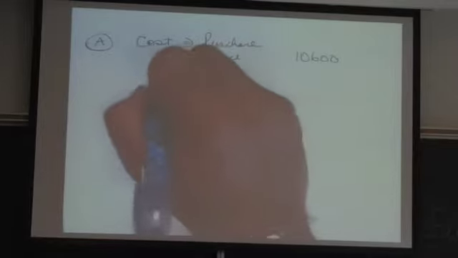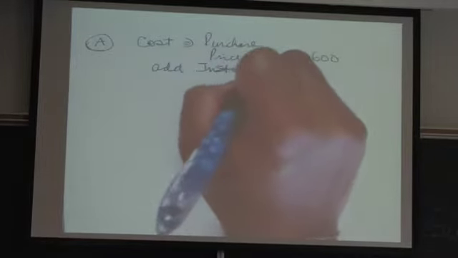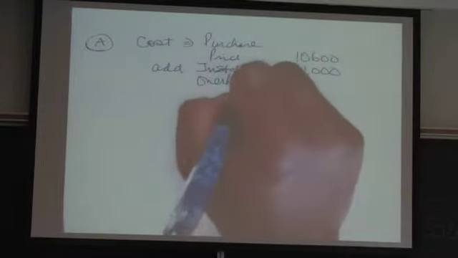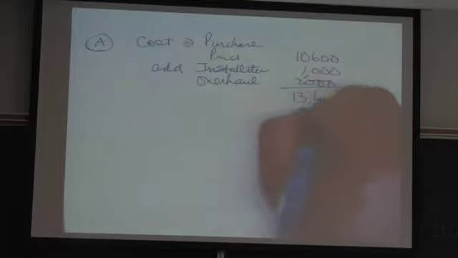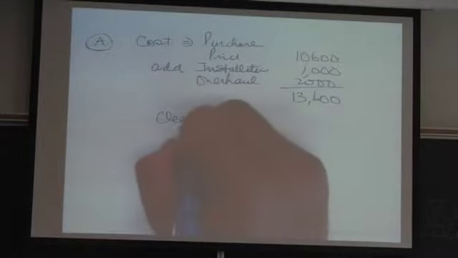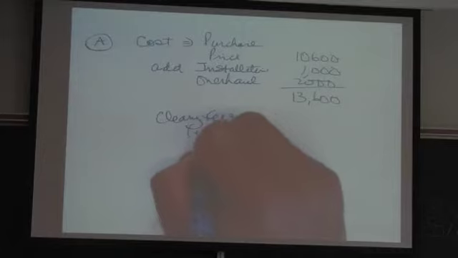We're going to add the installation of $1,000 and the overhaul of $2,000. So altogether it is $13,600. The cleaning fees will be expensed, right?